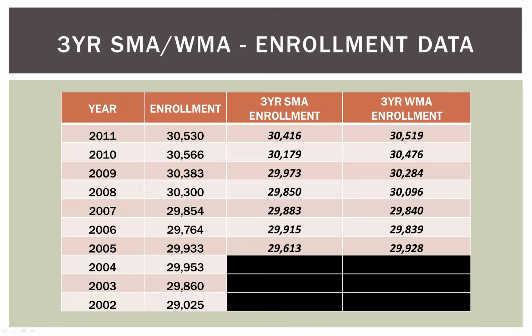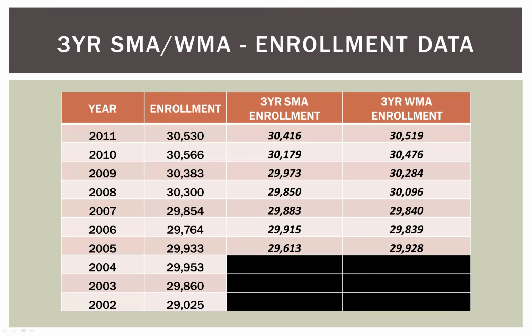Now I went ahead and calculated the 3-year weighted moving averages for all the years from 2005 to 2011, and you can see that it closely follows the simple moving average and the enrollment. So let's look at 2007. We have an actual enrollment of 29,854.